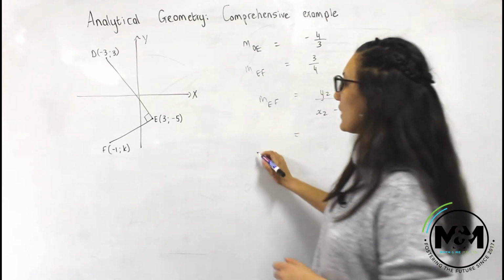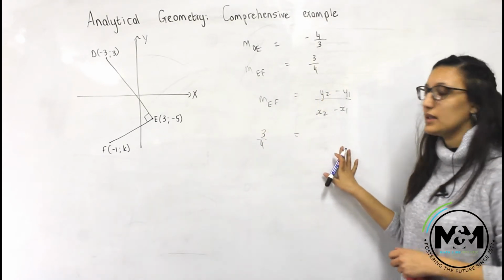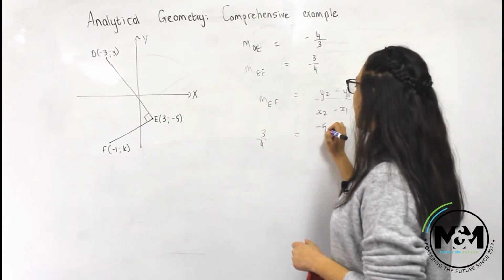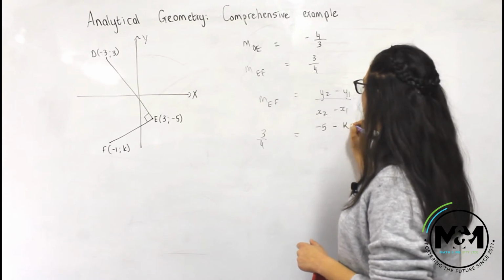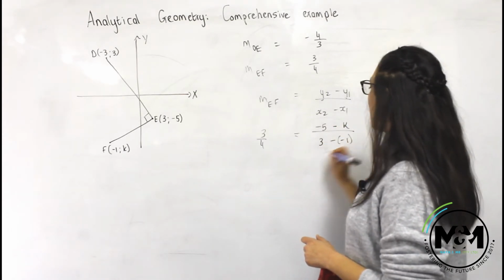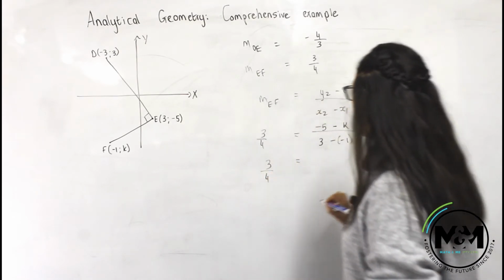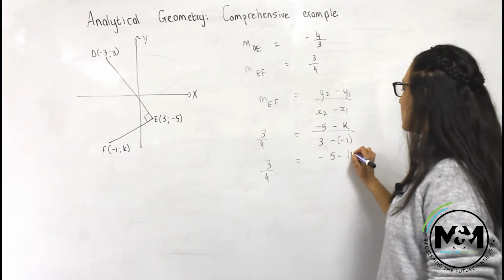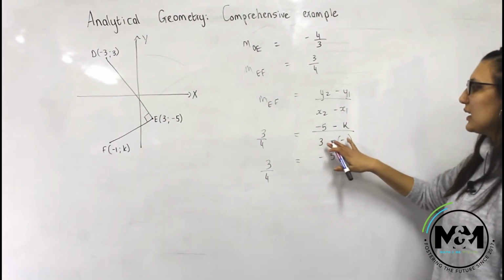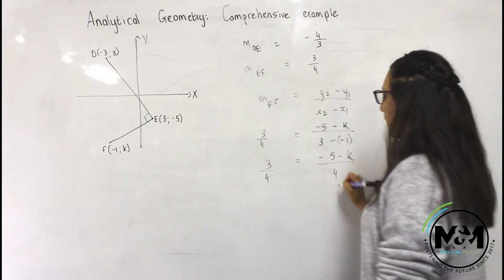Fill in what you know. So negative 5 minus k over 3 minus negative 1. Okay, 3 over 4 equals negative 5 minus k over, 3, a negative times negative is a positive, so 3 plus 1 is then 4.